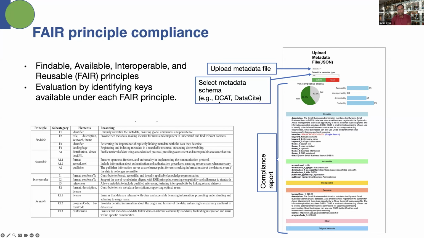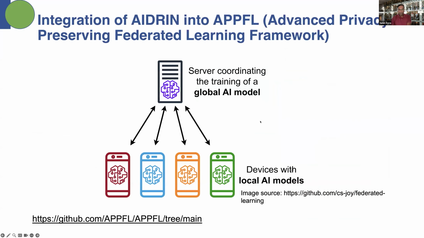Right now we support DCAT and DataCite, and it is being expanded to various other metadata standards, to check whether the FAIR principles are matched according to the metadata standards that are out there. Okay. So that is one analysis we are doing.